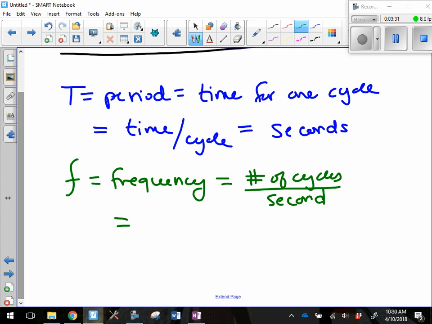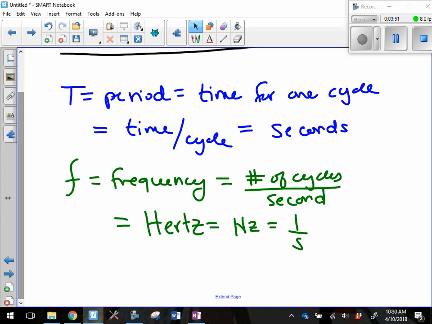And what do we measure frequency in? Hertz. Which we abbreviate Hz, which is 1 per second. So that's just vocab. And you know those things. We were all here for freshman physics. This was like the first thing we did in freshman physics 3.5 years ago. Okay, and it should all come back to you.